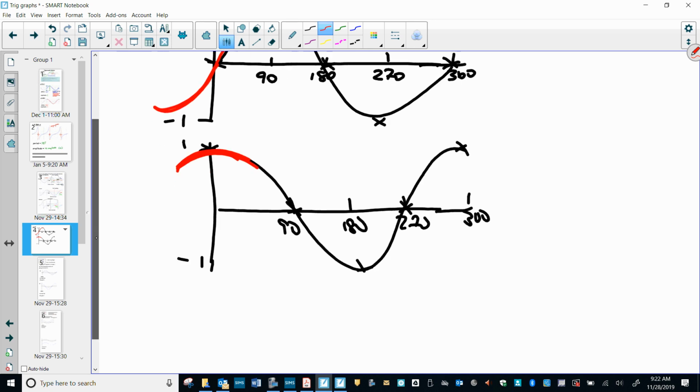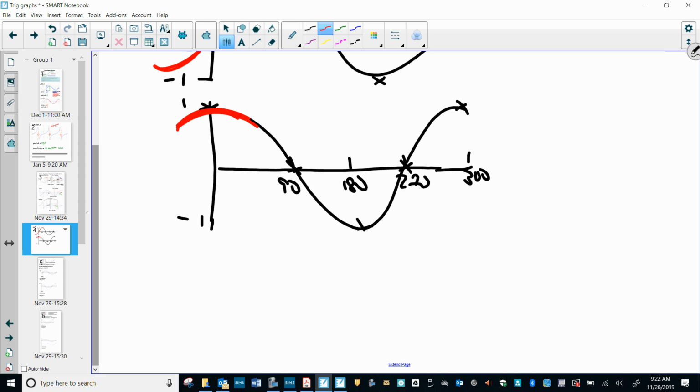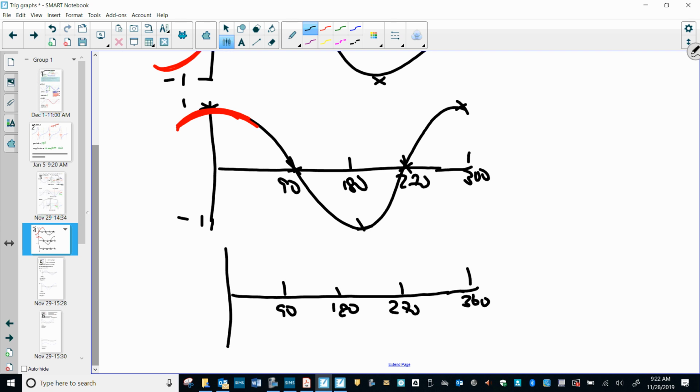For your tan, which is less common, you're still going to do 90, 180, 270, and 360. You're going to draw in your asymptotes at 90 and 270. You don't need to write any numbers here because there is no amplitude. You then do a swoosh up, and a kink, and a swoosh up.